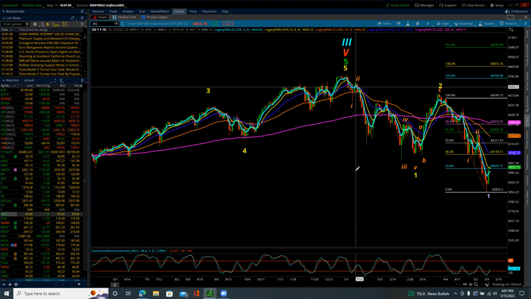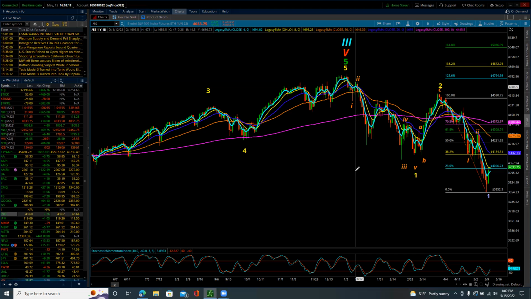Understanding the building blocks is what's going to be really helpful here, because we need 5 waves of minor degree to complete the intermediate third. Within the 1, 3, and the 5 of that minor degree sequence down, there will be 5 waves of minute degree. And so now we're inside the minor third wave.